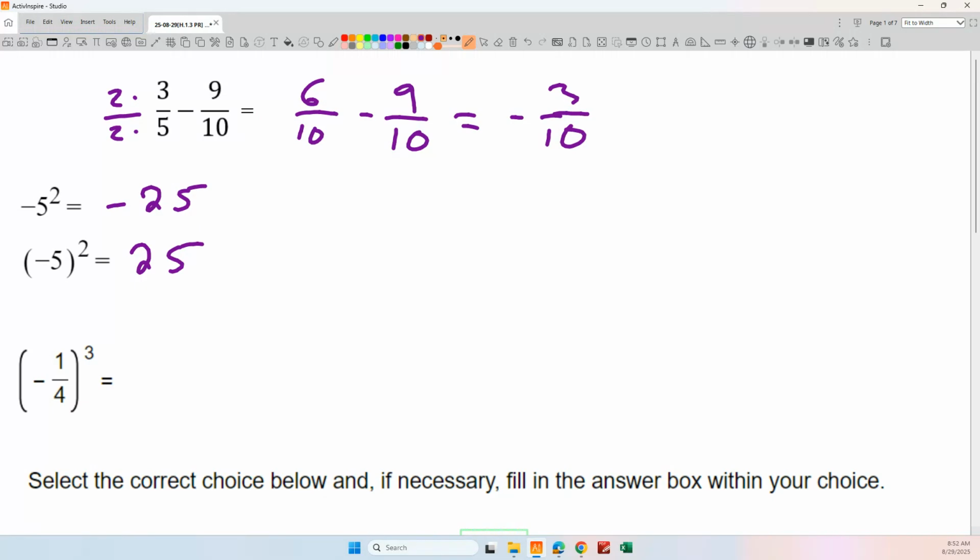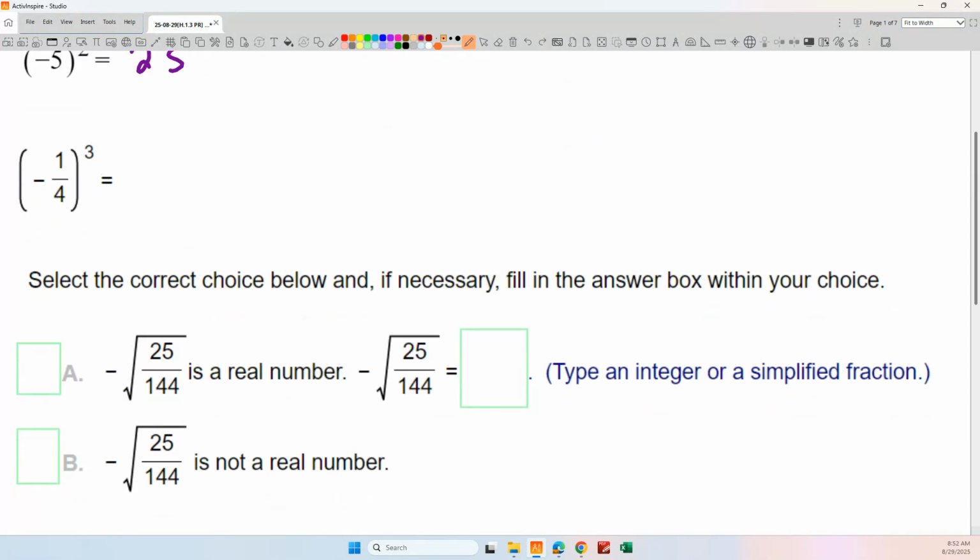And so the negative in front of the 5 is actually just a coefficient. It's really the equivalent of multiplying negative 1 times 5, right? So we don't multiply the negative by the 5 until after we've taken the 5 to the power of 2. Does that make sense? Good.